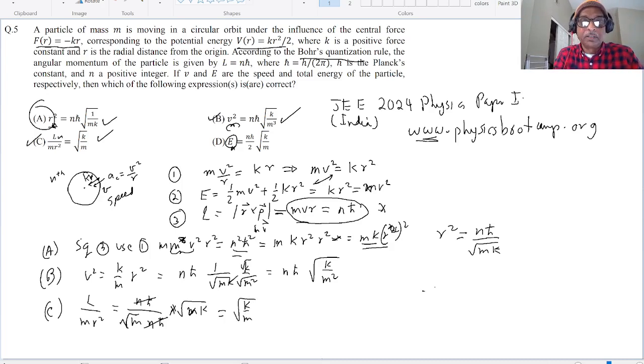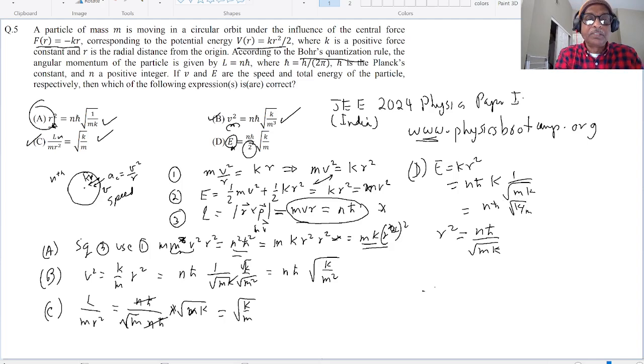Let's check D. The energy is k r square, so this whole thing is n h bar times k over square root of m k, which gives n h bar square root of k over m. There is a factor of 2 that's not here, which means D is incorrect. So the answer is A, B, and C.